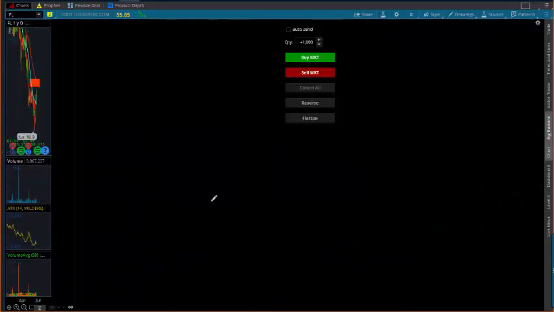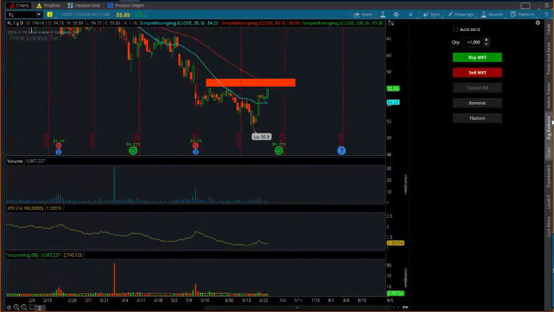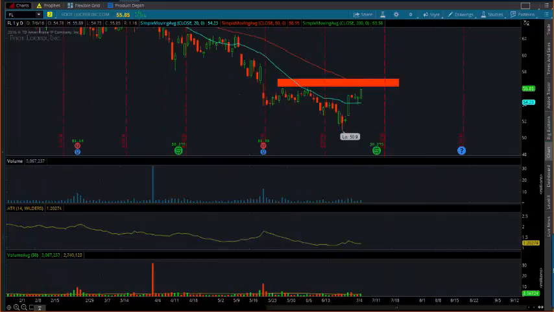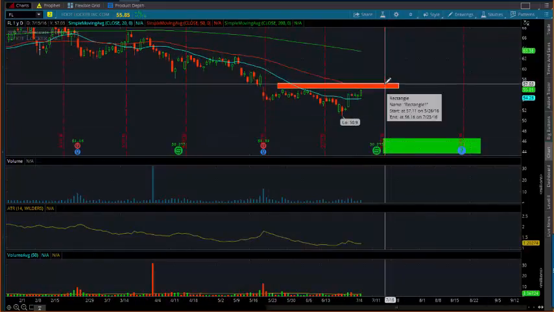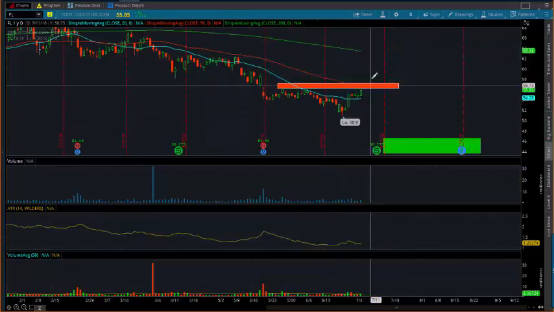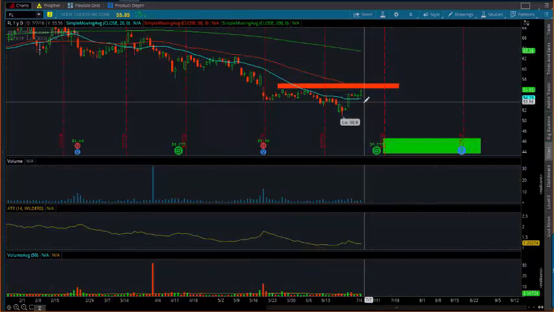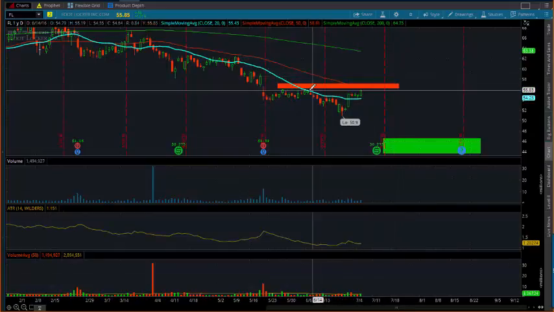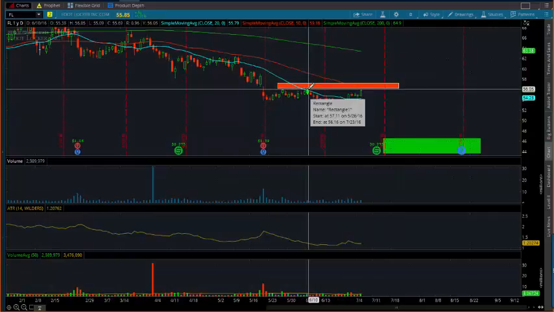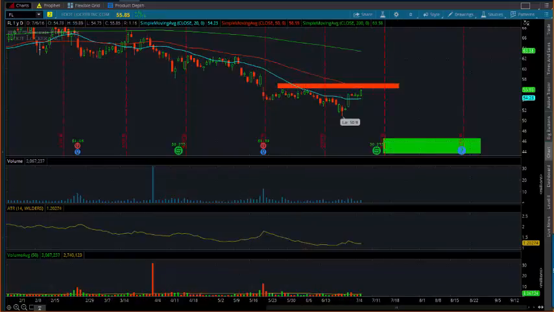So if we were going to make money, we would need it to go down to the green box instead of up to the red box. Well, you can see it's going up towards our resistance. So we need to put a stop loss in. Stop loss has to go at the high, your swing high plus half the ATR.